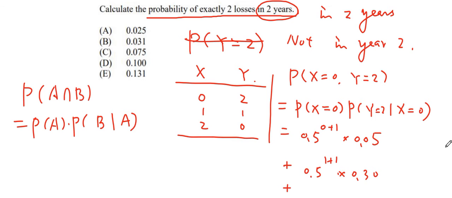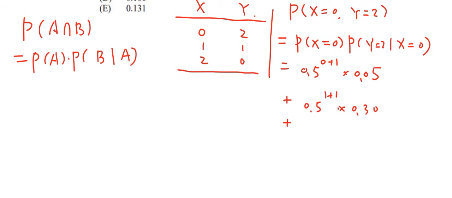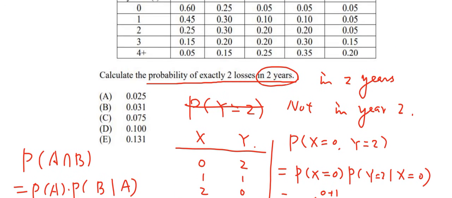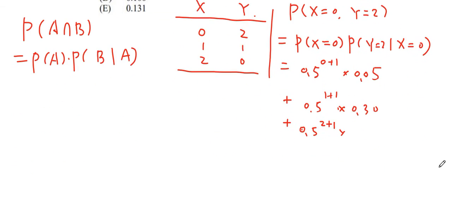Then plus x equals 2, so x equals 2 is 0.5^(2 plus 1). Then the probability that when x equals 2, y equals 0 is 0.25.